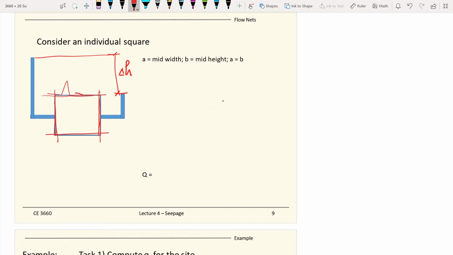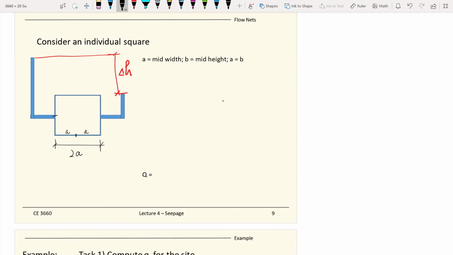So you have all those boundaries going through your elements, defining your elements. But anyway, if we look at this flow net, let's assume the dimensions here. Let's say this is the midpoint, and this has a dimension of 2a, so half of it is a.